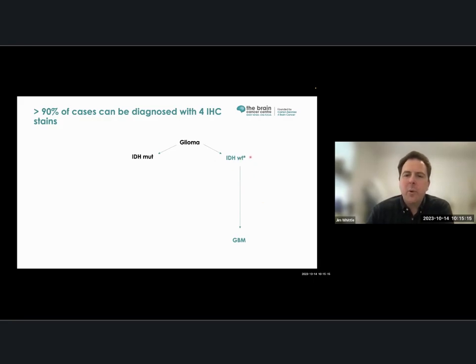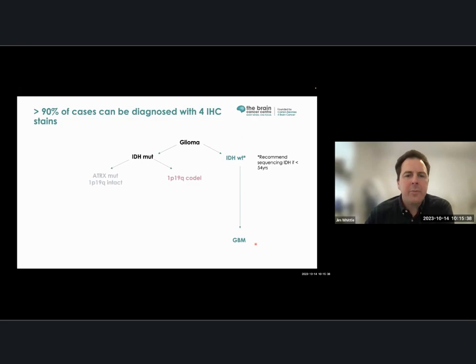And really, once we get a wild type case, we're almost certainly looking at a glioblastoma, with the caveat that for patients who are under the age of 54, we recommend doing sequencing for IDH1 and IDH2 to see if there's a non-canonical mutation, which may change both the prognosis and treatment options for that patient.